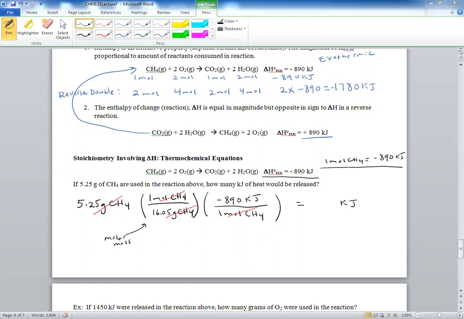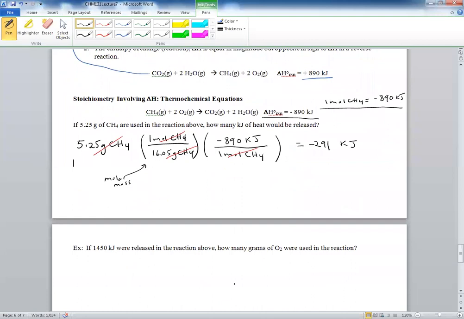You will get negative 291 kilojoules. Makes sense because this is less than 16 grams. If you had 16 grams of methane, you would release 890, but here you only have 5.25.